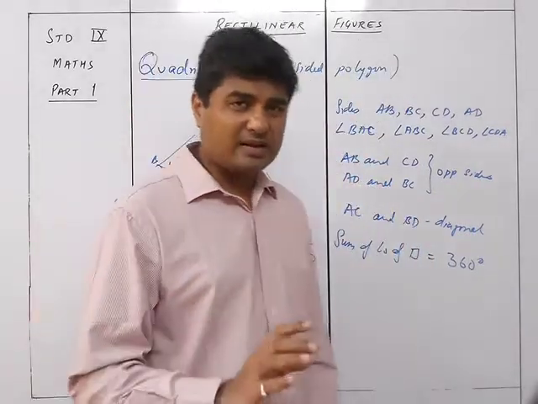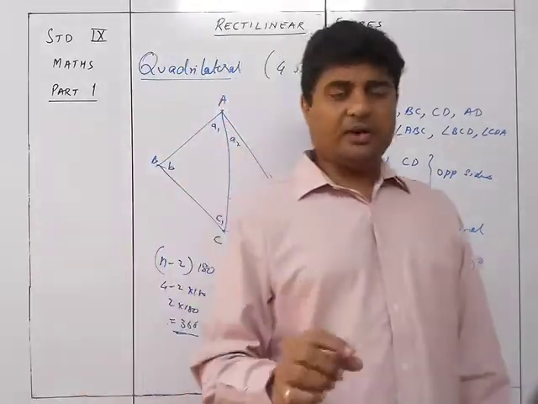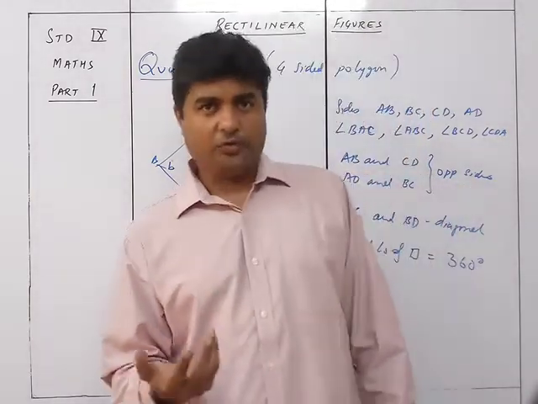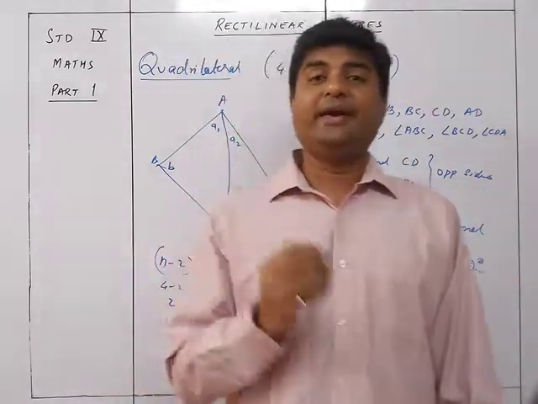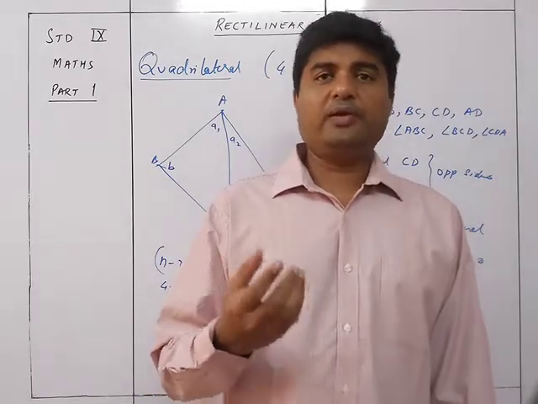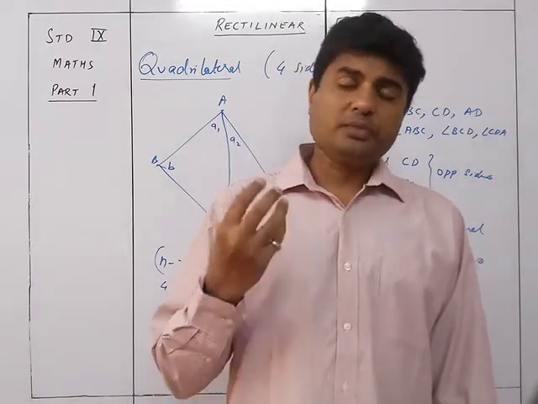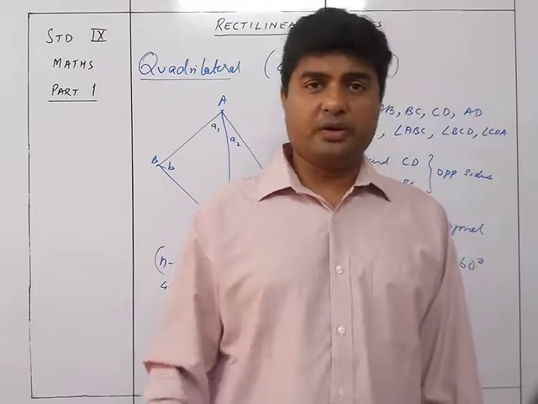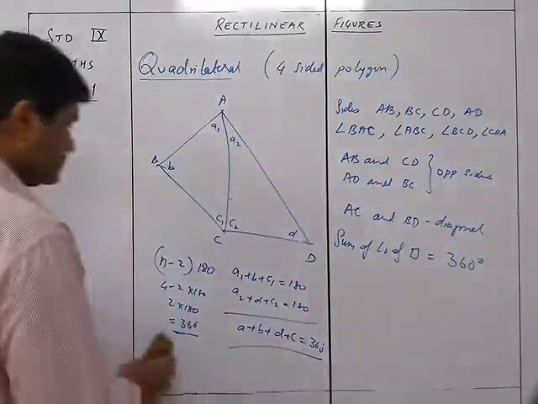These are the general principles or general properties of quadrilaterals. Now we go for individual types of quadrilaterals, and we try to find out what the properties of these particular types are. So let's go one by one.